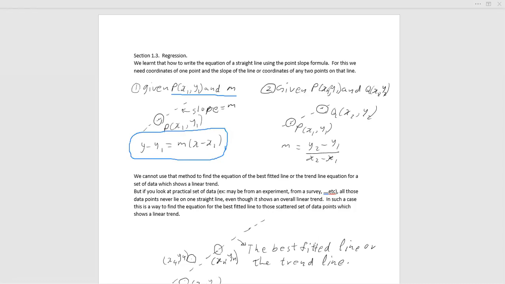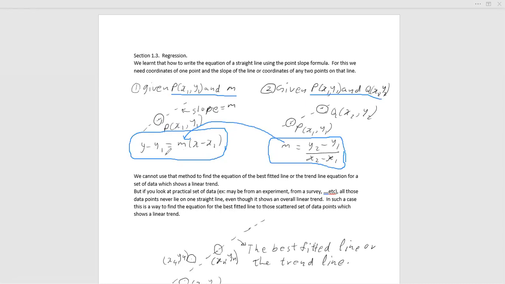For instance, if they give us two points, we can find the slope using the slope formula first, and then use that slope m in the point-slope form with the coordinates of one point, and find the equation of the line.